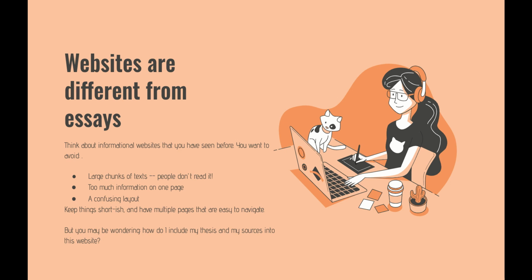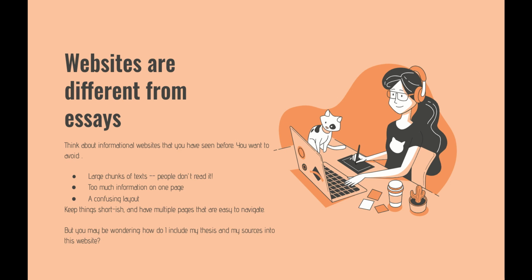But you may be wondering, how do I include my thesis and my sources into this website? And the answer is synthesize. That's connecting research to each other. You've done a lot with your research in terms of finding it and evaluating if it is good or credible research.